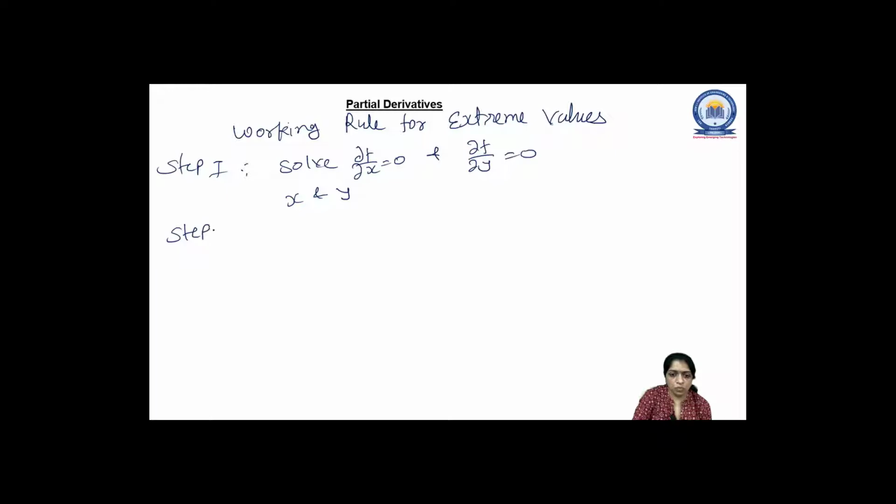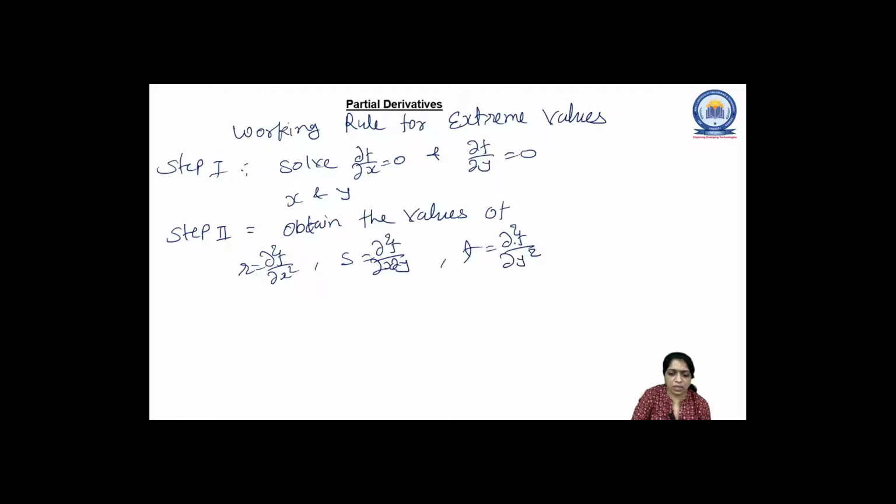Step 2, that is obtain the values of r, that is del square f by del x square, s, del square f by del x del y, and t, that is del square f by del y square.